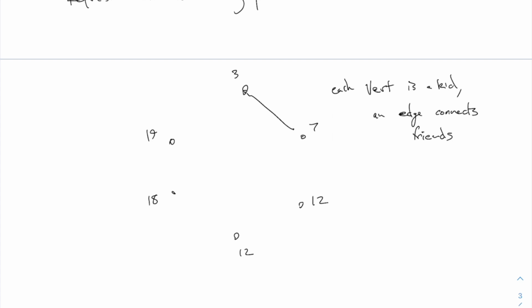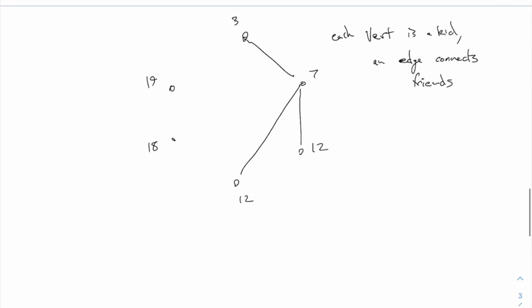The 7 and the 12 can be friends. The 7 and the other 12 can be friends. I'm trying to think of who can be friends with the 7 first. I'll draw in all those edges. So the 3, yes. The 2 12s, yes. The 7 and the 18, though, that's too much. So the 7 cannot be friends with the 18 or the 19. And the 3 also is not friends with anybody else.